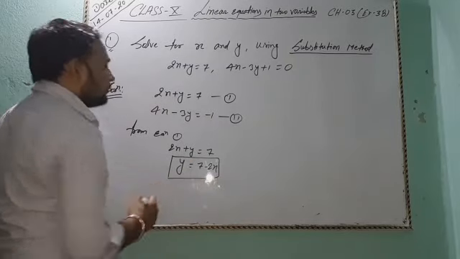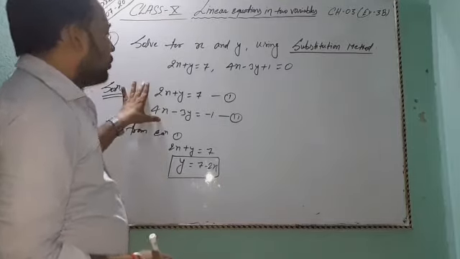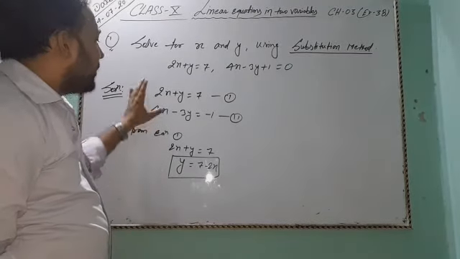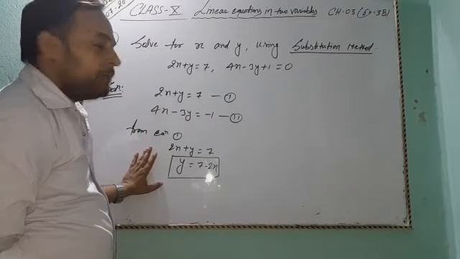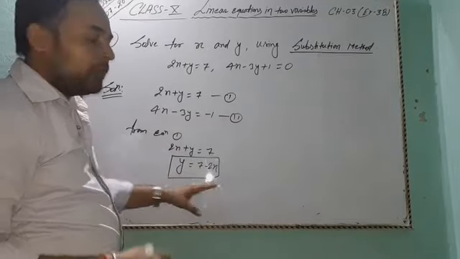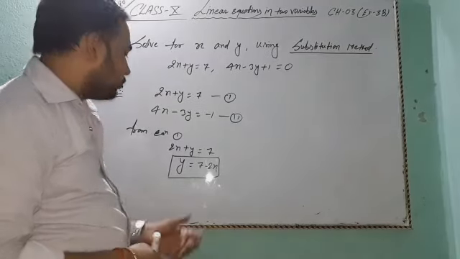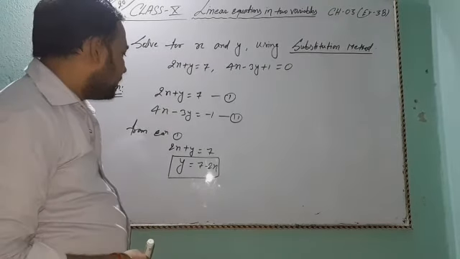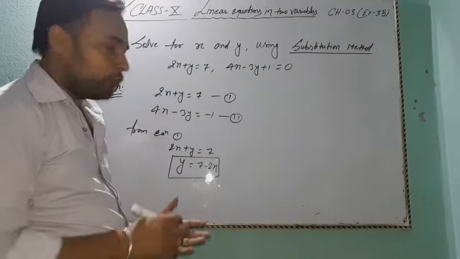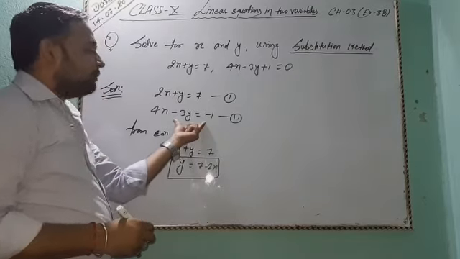First of all, in the substitution method, in equation first or equation second, find the value of y in terms of x, or find the value of x in terms of y. Either we will find the value of y from the terms of x, or the value of x from the terms of y; we do any one of the two. And the value of y, put in equation 2.